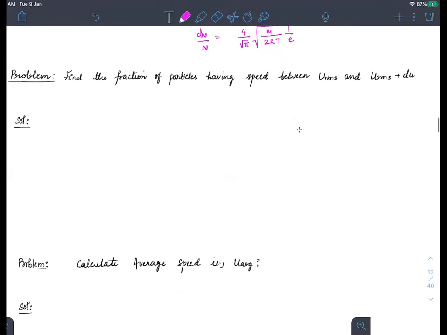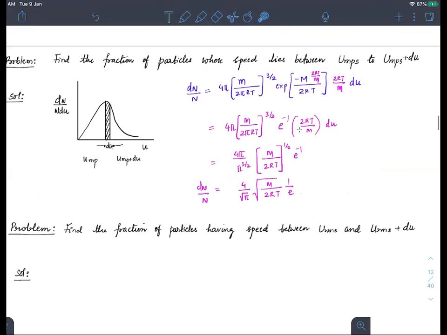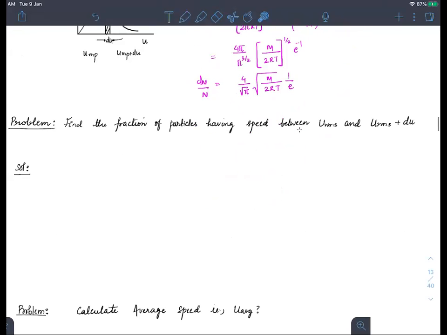Right. Same thing, you should be able to calculate the fraction of particles for u RMS speed using the same formula. Instead of 2RT by m, this time you will put 3RT by m.